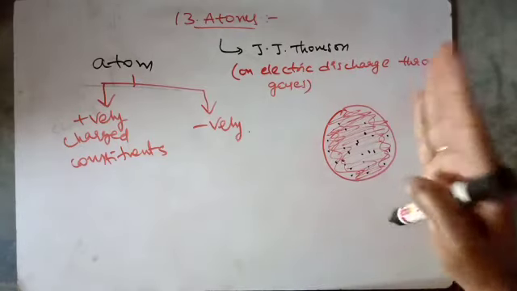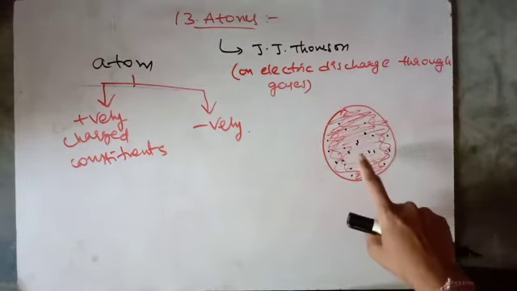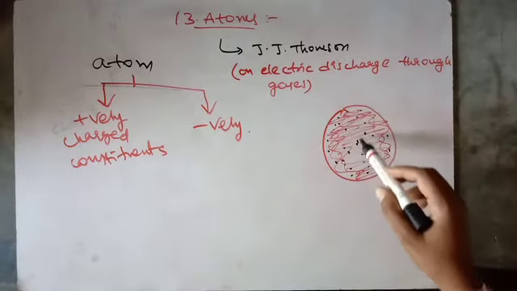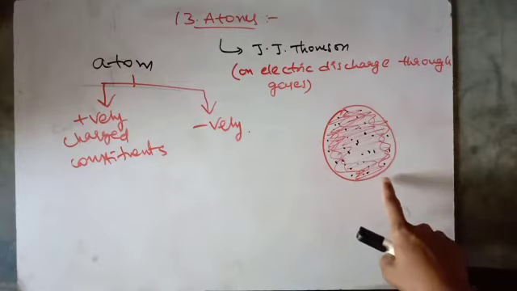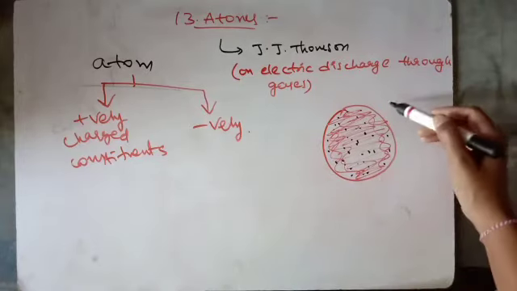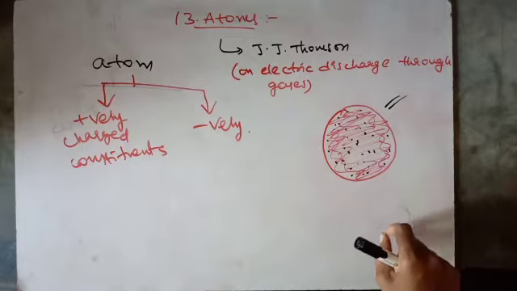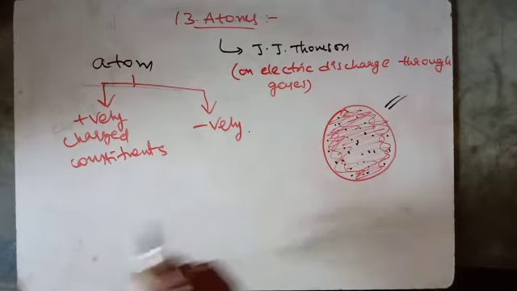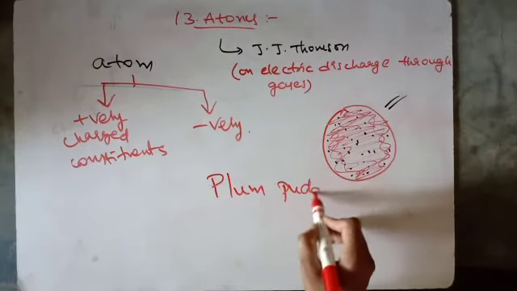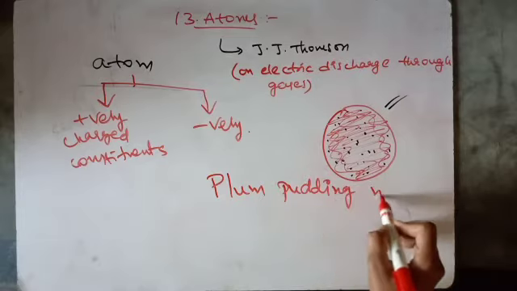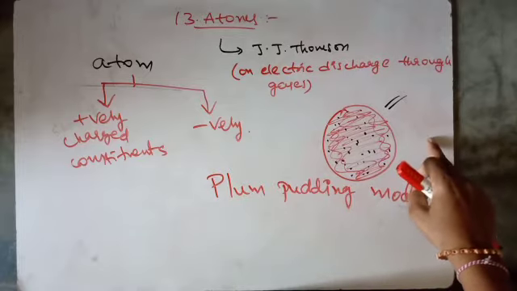Just like if you cut the watermelon, you will observe the reddish portion as well as the seeds which are deeply fixed in this reddish portion. The atom too looks in this way. This is the atomic structure according to J.J. Thomson, and this model is named the plum pudding model. This is the first atomic model, which was explained by J.J. Thomson.